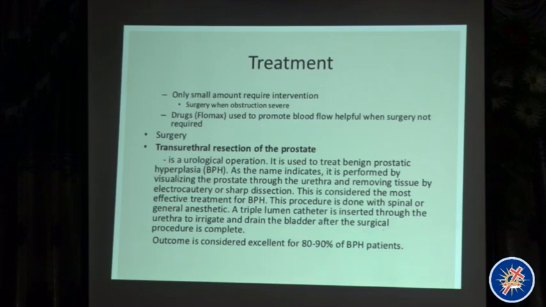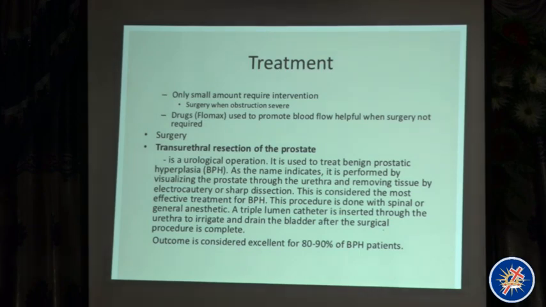If it's not too big, you can just be given drugs, like what I'm calling here Flomax, and that will open the urine flow. And then there is surgery, which is not very invasive, which can even be done under local anesthesia, called transurethral resection.